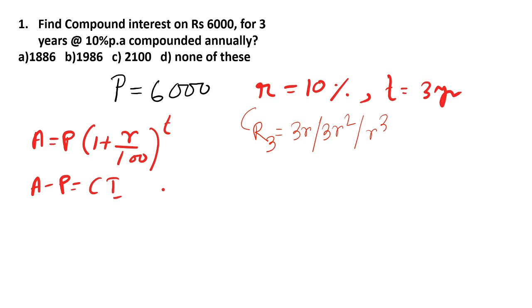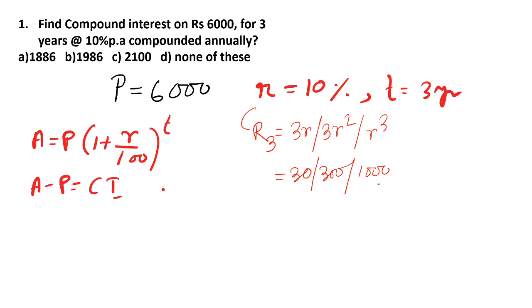If you convert this into R3, it will be 3 into 10, that is 30. Then 3 into 10 square is 300, and 10 cube is 1000. So 3R by 3R square by R cube gives 30, 300, and 1000.